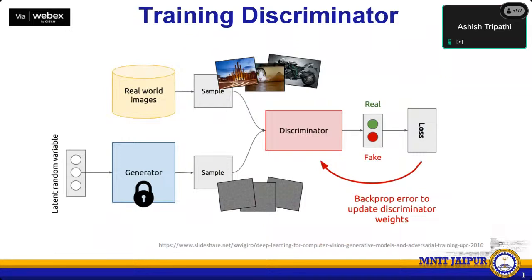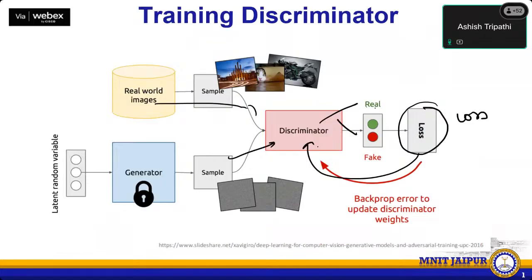Now coming ahead, if I talk about training the discriminator, it is going to take the real world samples. It is going to classify real or fake, and based on that it is going to calculate the loss, and it has to reiterate again.